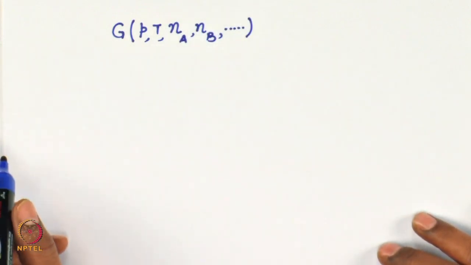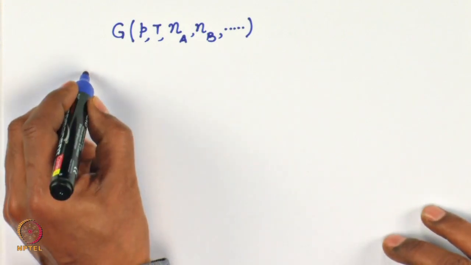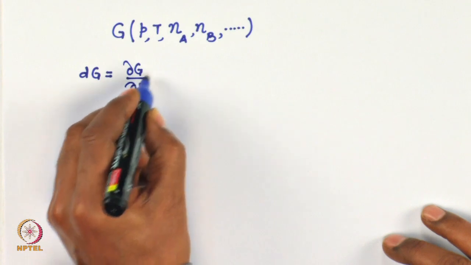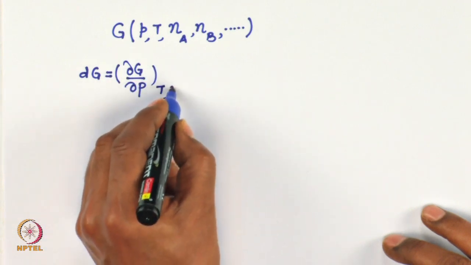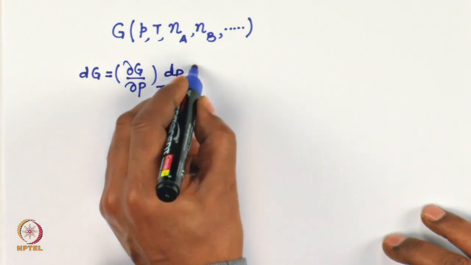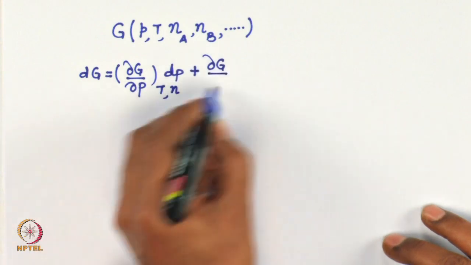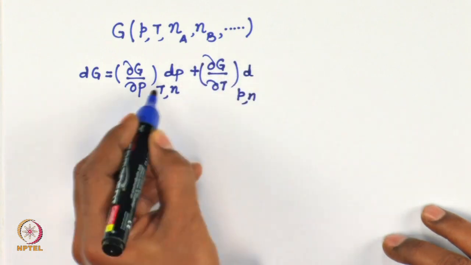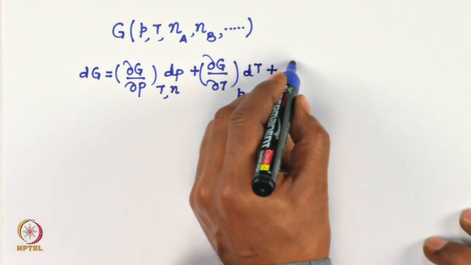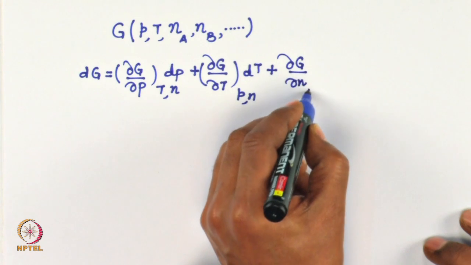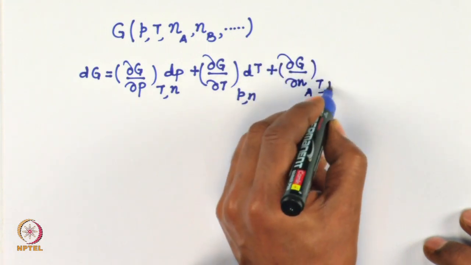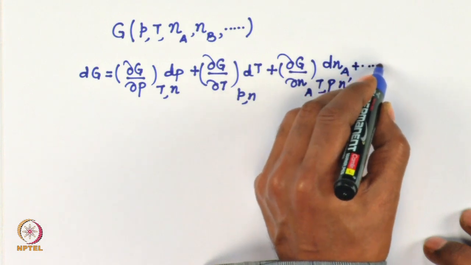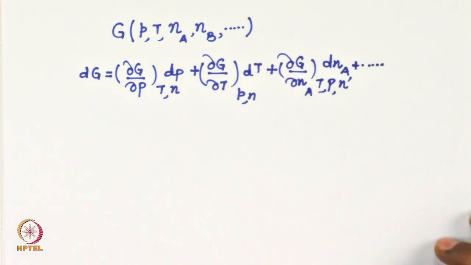Now, if there is a small change, then dG will be written as the partial derivative of G with respect to P at constant temperature and composition, dP, plus the partial derivative of G with respect to T at constant pressure and composition, dT, plus the partial derivative of G with respect to nA, at constant temperature, pressure and n prime, dnA, plus further terms in nB, etc.